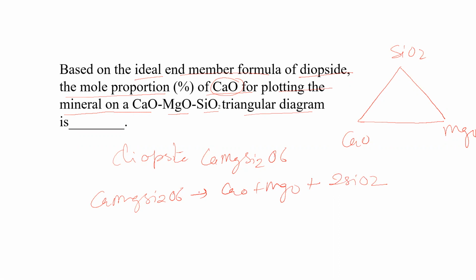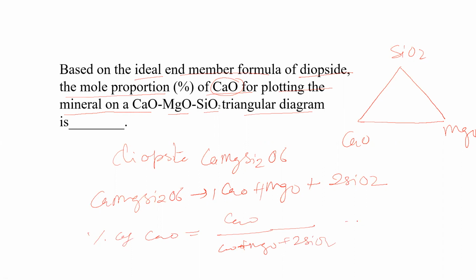The equation is balanced. CaO has 1 mole, MgO has 1 mole, and SiO2 has 2 moles. So you have to calculate the percentage of CaO. This will become CaO divided by CaO plus MgO plus 2SiO2.